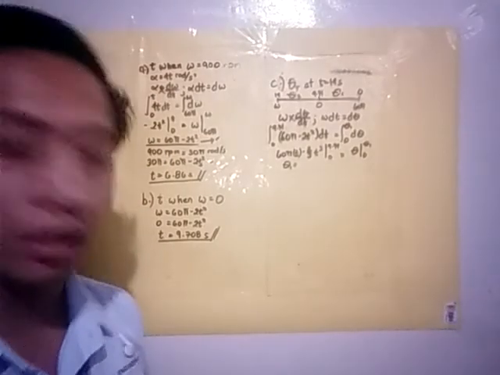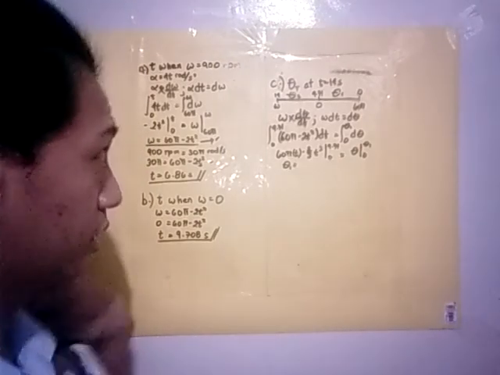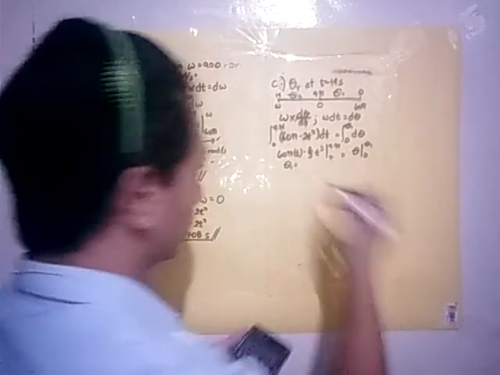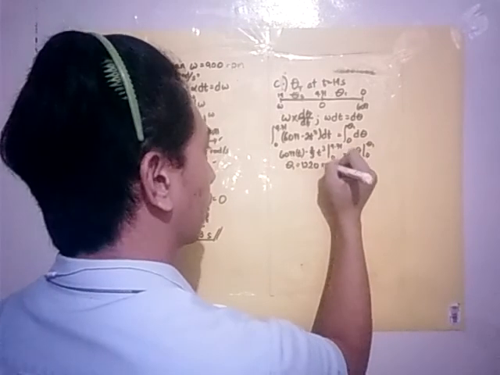So, let me get my calculator. Our rotation when 9.71 seconds have passed is 1219.95, or simply 1220 rad.